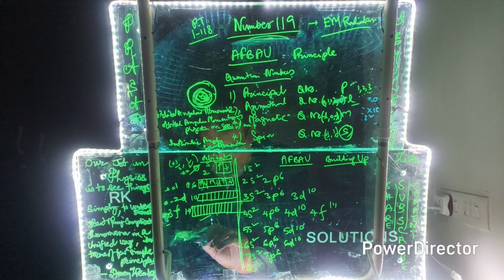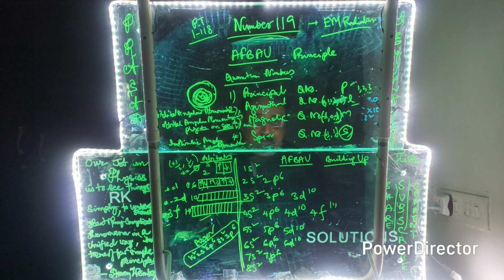Argon is 18. Let us say 1s2, 2s2, 2p6. Till here it is very clear. 3s2, 3p6. How many do we have? 10, 18. This is perfect.